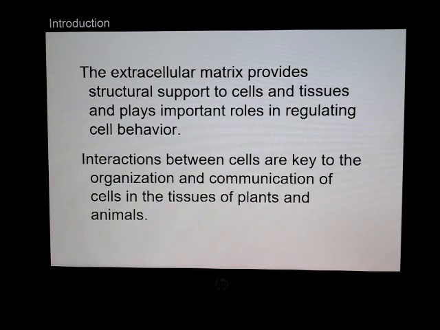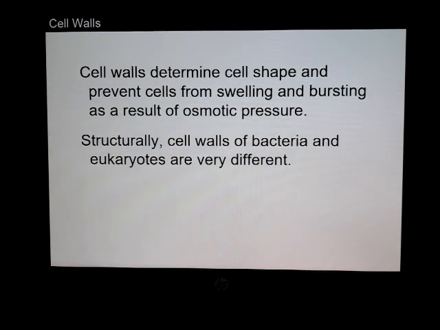The extracellular matrix helps support the cells and tissues and plays an important role in regulating cell behavior. And interactions between the cells are key to the organization and the communication of cells in the tissues of plants and animals.